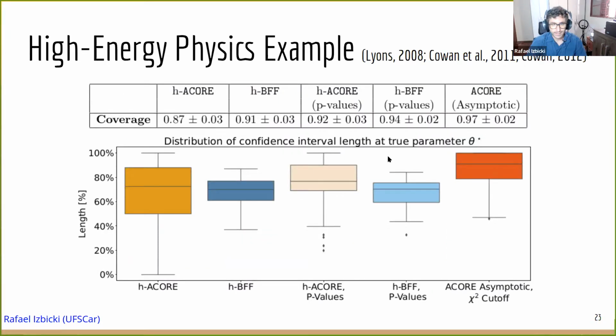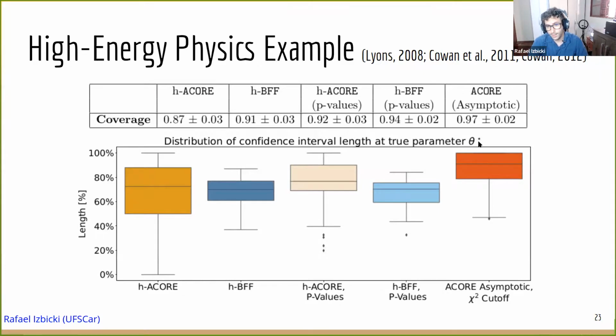Okay, and my last example here is an application to high energy physics. It's based on a real model for high energy physics. I won't get into the details about the model, but basically we want to detect some signal, and we have 3 parameters. So in this setting, there is one parameter you're really interested in, and we have 2 nuisance parameters.